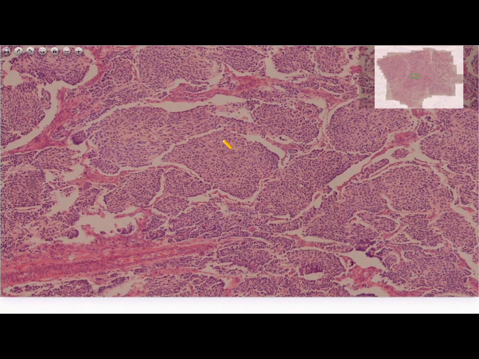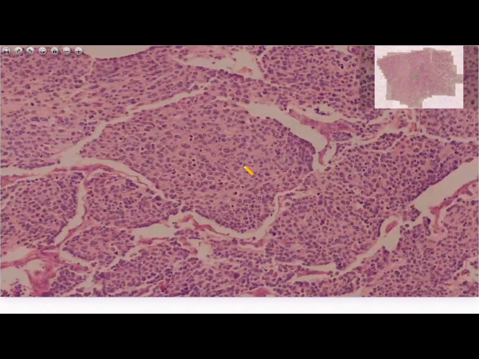Here we have a clear picture of those small round blue cells of neuroblastoma. Again, you can see one lobular structure here, and you'll also start to notice one very important point: the light pink background between the cells.